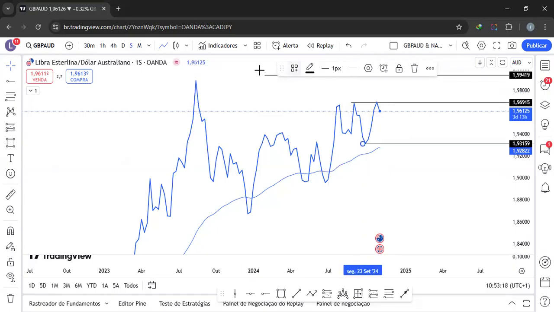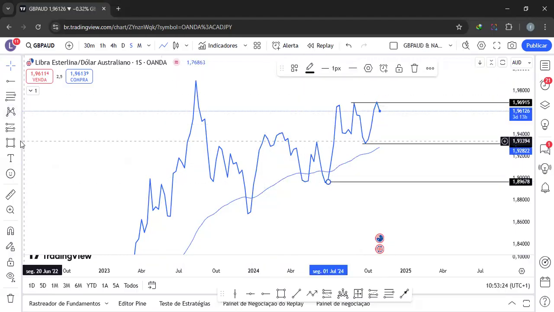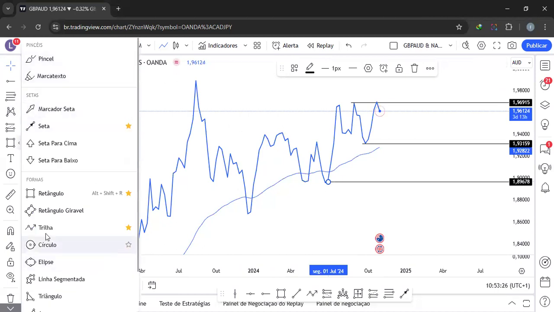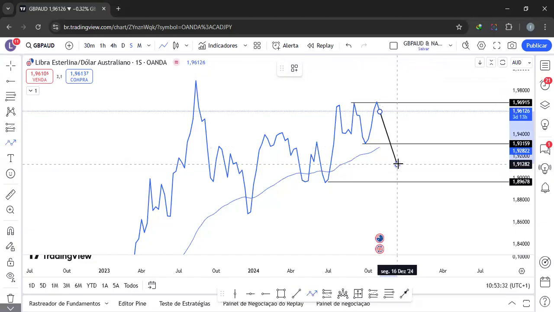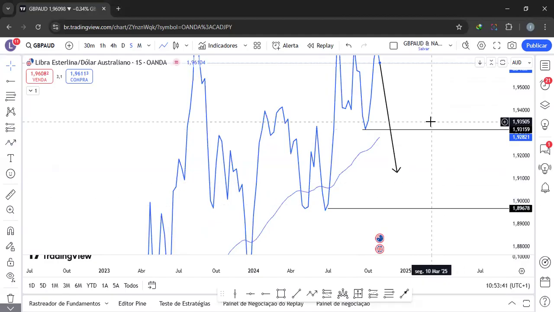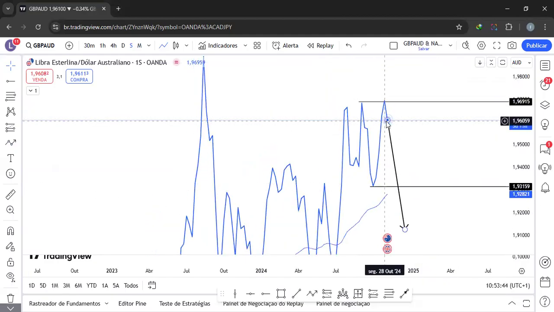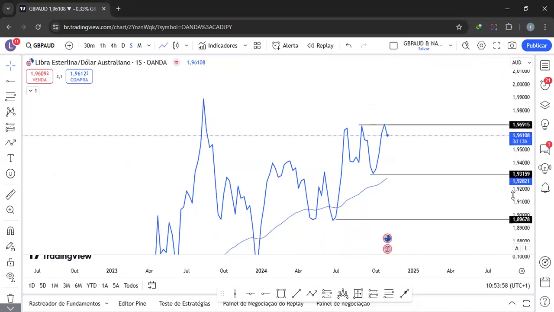But our confirmation of a change of structure means that the market must continue going down, making lower lows and lower highs, so that we can identify clearly that this is a bearish sentiment. But from now, it is still bullish because the market broke our horizontal ray, showing that this is a new higher high, and we're expecting to see, between this area 1.96 and 1.93, the market make a new higher low so that it can continue going up.